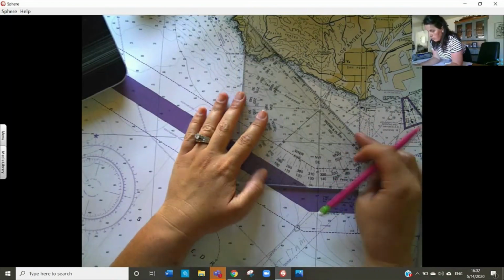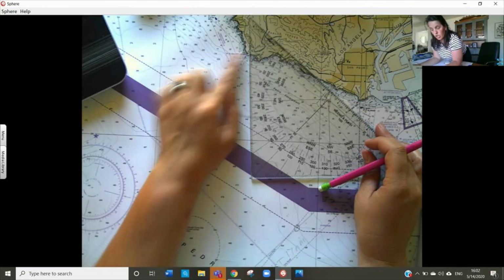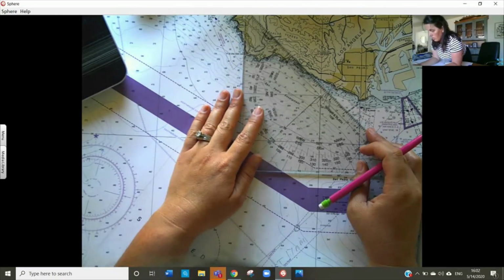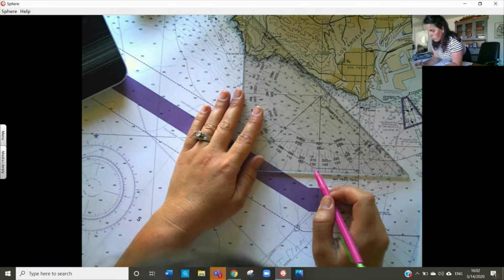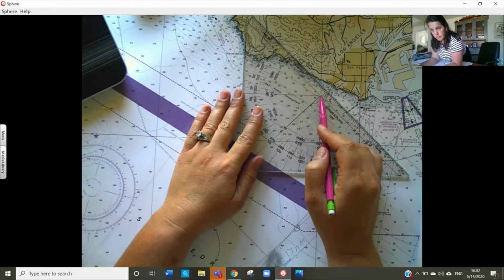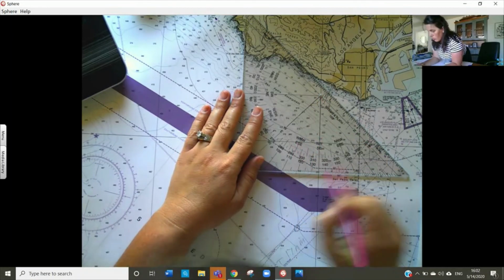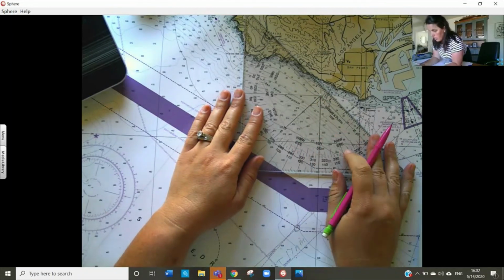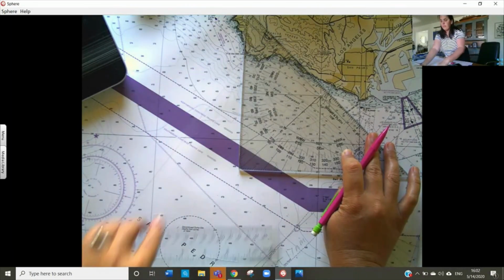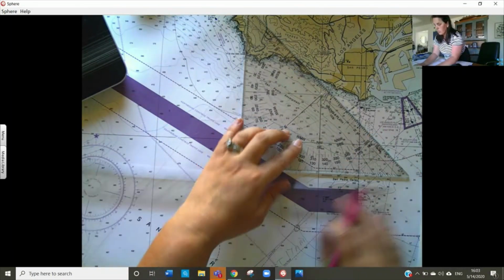I'm going to find our 315 and move it over to Point Vicente just so it's a little easier. So we have 315 focal point on the meridian, and then 315 on the meridian. And then I'm going to move it over to Point Vicente. Moved it a little bit.